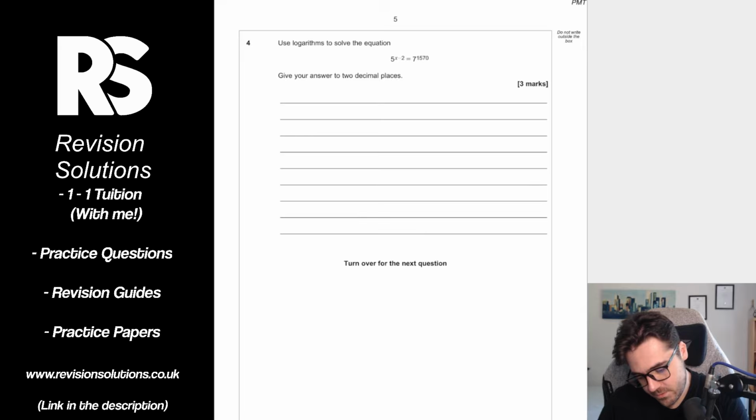Going to question 4, it says use logarithms to solve the equation 5^(x−2) = 7^1570. So I'm going to pick log base 5. That's going to make it slightly nicer on the left-hand side. So I'm going to take log base 5 of both sides. That would give me this.